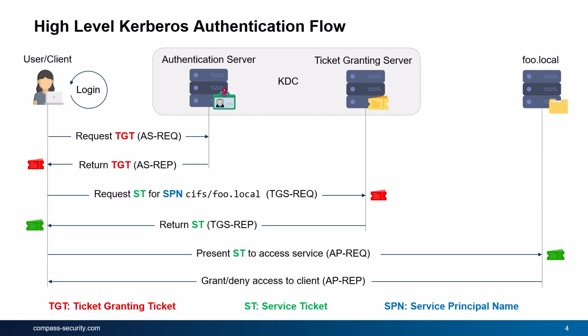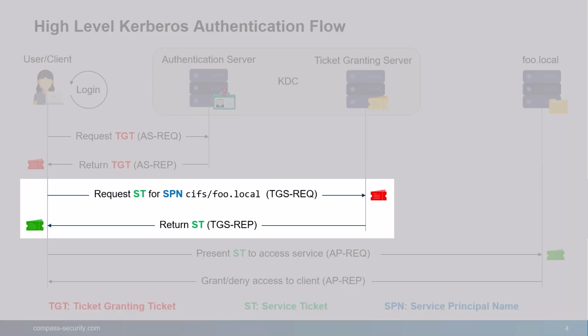It will simply issue a service ticket back to us, and then with this service ticket we will go to the service and the service decides whether we are allowed to access or not. So this part we can do for any service that is available within our domain. And now for Kerberoasting, we essentially will focus on only that specific part of the Kerberos authentication flow, requesting service tickets.